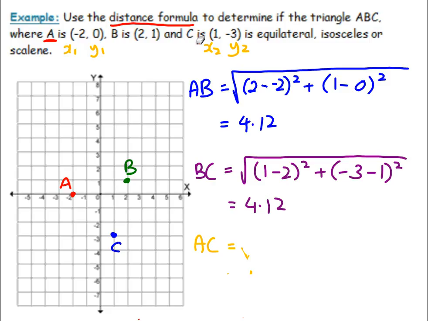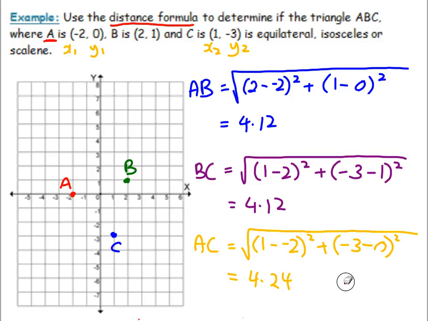And that's why I have that one finally labelled. And x2 minus x1, 1 minus negative 2, so be very careful with putting in your negatives. y2 minus y1, negative 3 minus 0, all squared, don't forget your little squares. When you plug that into a calculator, you get 4.24.